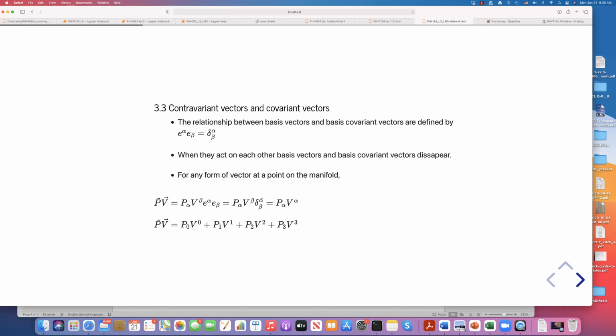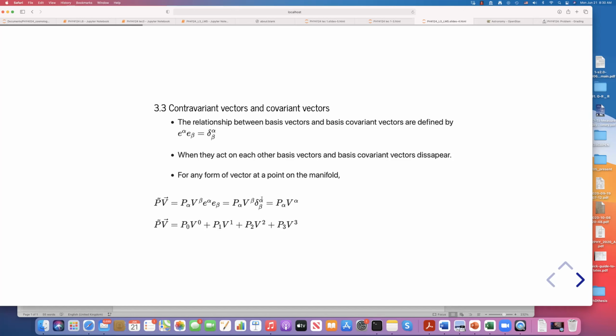And what has happened here is this expression will only have a value if alpha equals beta. So that's the idea of a delta function. It will have a value equal to 1 only when alpha equals beta. Other than that, the value will be 0, right? So the answer will be P alpha V alpha.